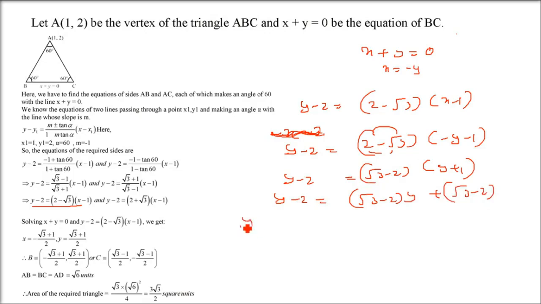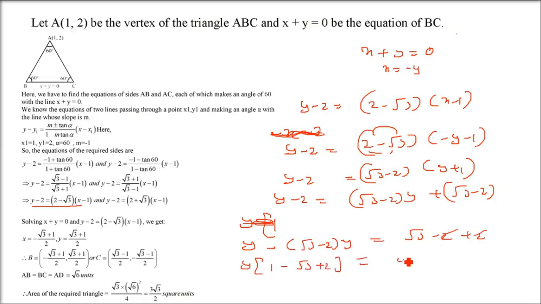Now take y together: y minus root 3 minus 2y equals root 3 minus 2, and this goes plus 2, so the 2 gets cancelled. This is y into 1 minus root 3 plus 2, and root 3. So y into 3 minus root 3 equals root 3.